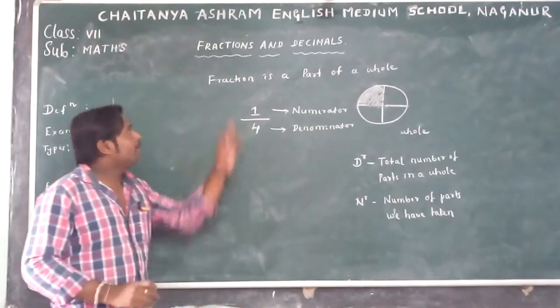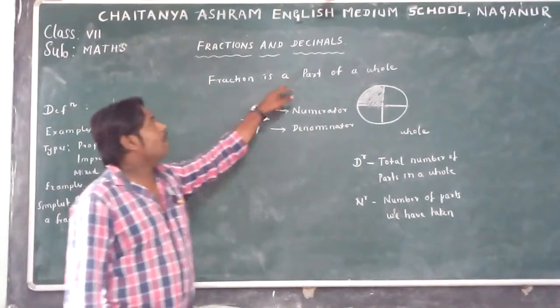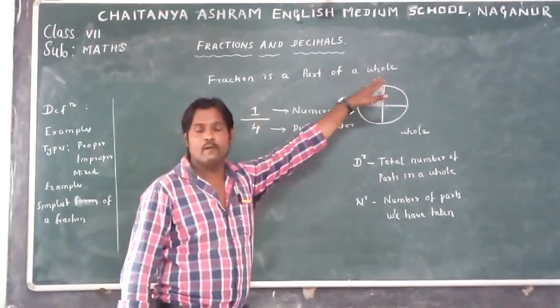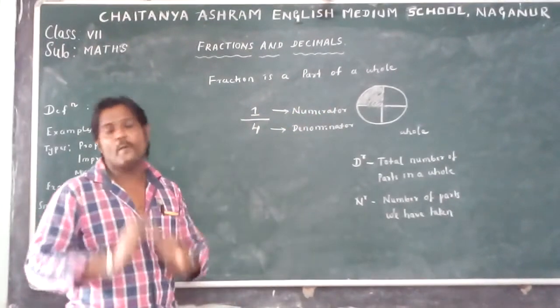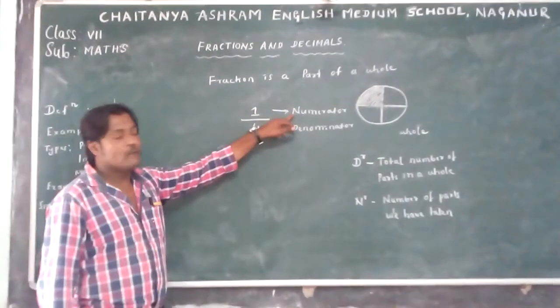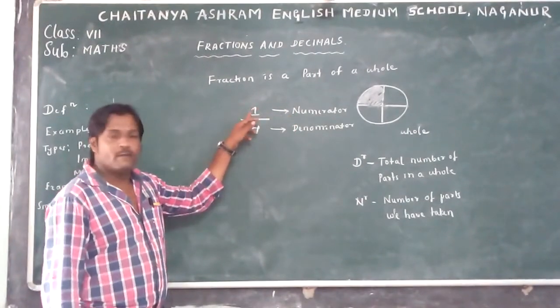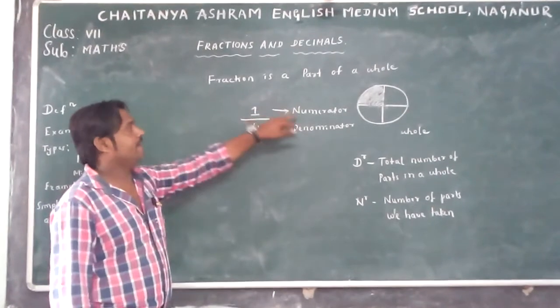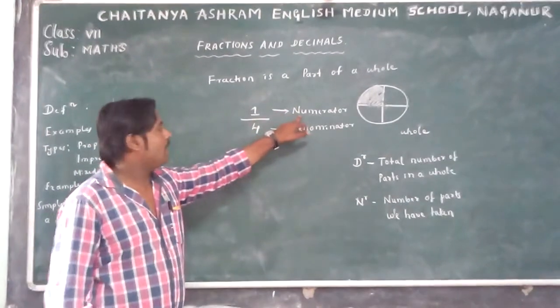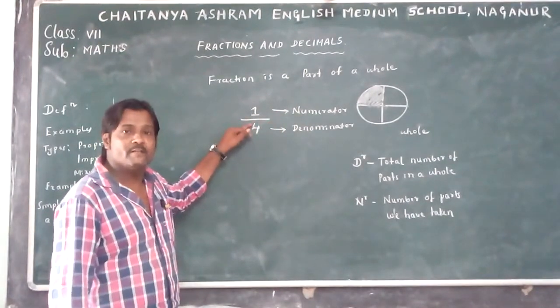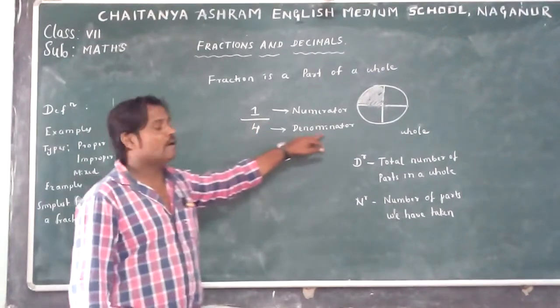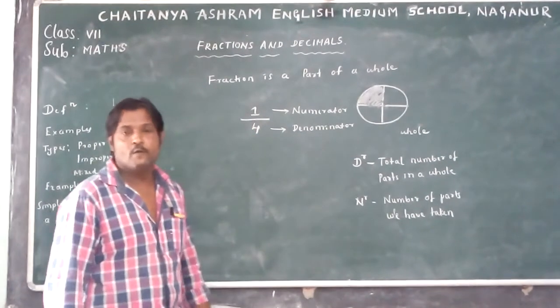So fraction is a part of a whole. A fraction has 2 parts. One is the numerator, the number which is above the line, and the number which is below the line is called the denominator.